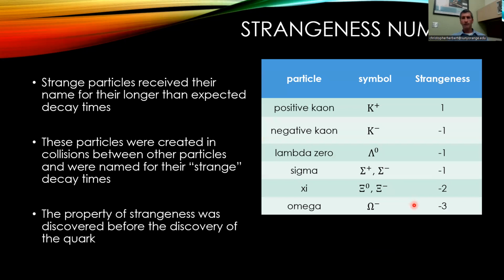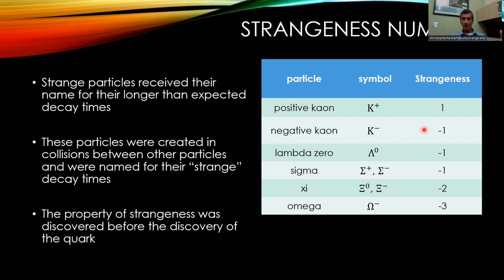And for instance, looking at certain particles, kaons, lambdas, sigmas, chi's, omegas, would have different amounts of strangeness associated with them. And these strangenesses were assigned a particular number. Again, these particles were created. They're not particles that exist in our everyday world in large quantities.